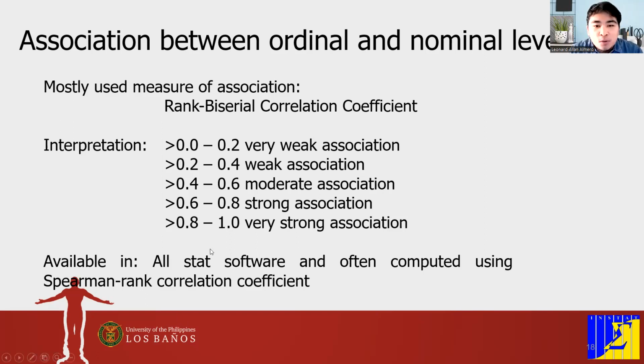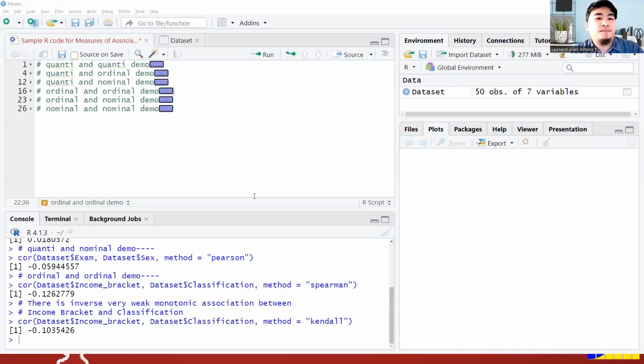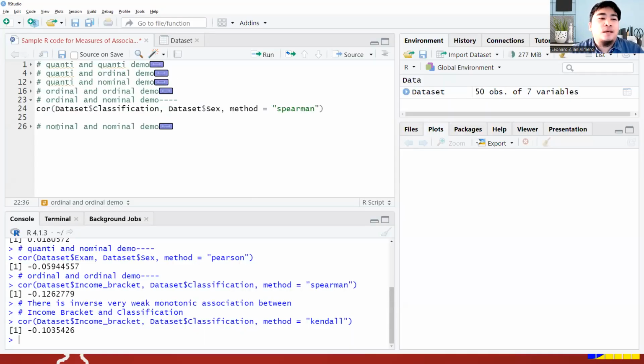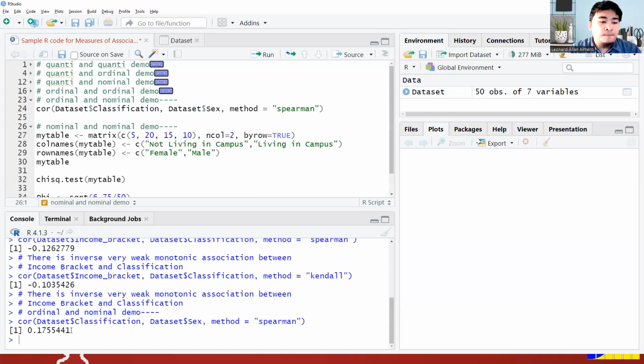So, example, classification versus sex. So yung classification yung ating ordinal level, yung sex yung ating nominal level. So pag niran po natin yan, ito po yung ating value, 0.175.